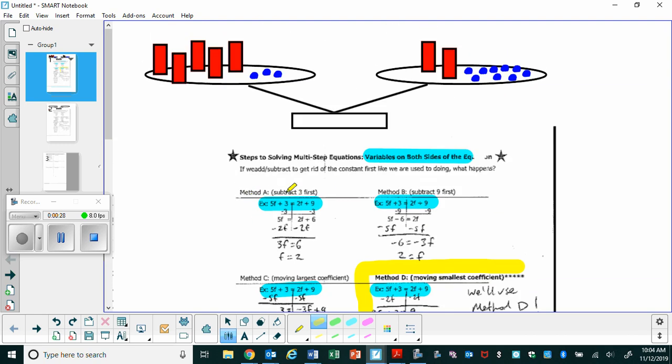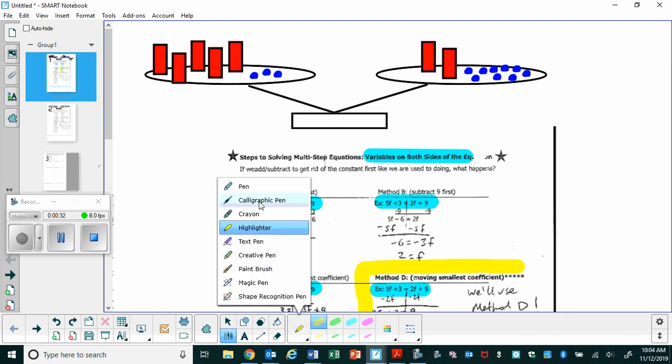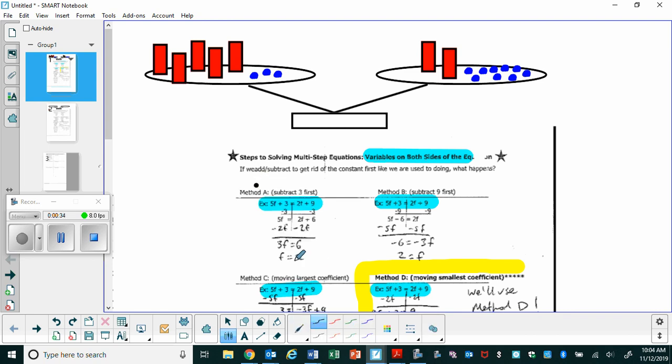So the equation that we have is 5f plus 3 equals 2f plus 9. And I actually have that modeled up here with this picture. We have 1, 2, 3, 4, 5 f's, and we have 1, 2, 3 on the outside. We're going to think of these as boxes or bags, and the little boxes or bags have marbles on the inside, and we don't know how many marbles are on the inside.